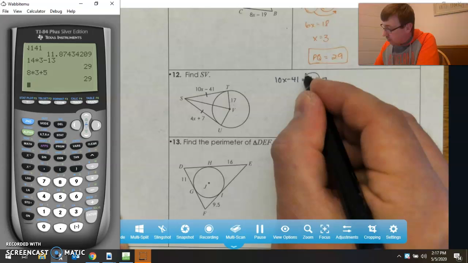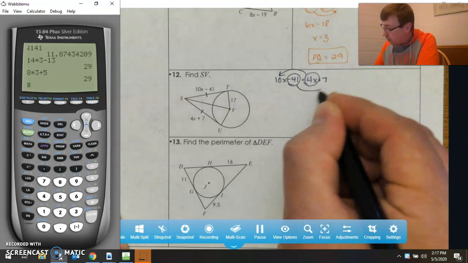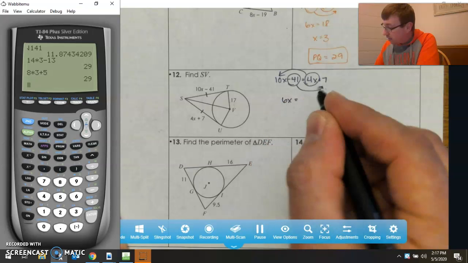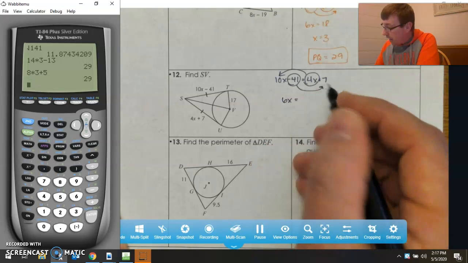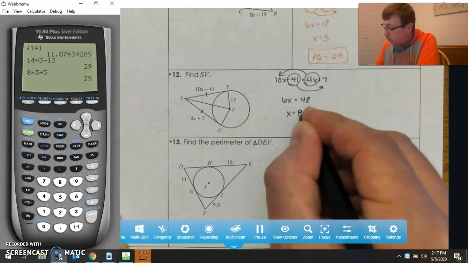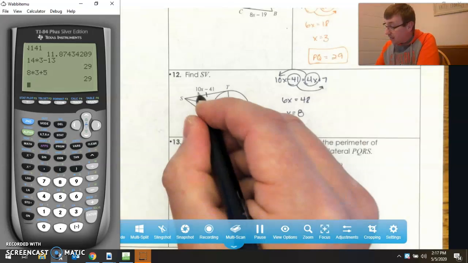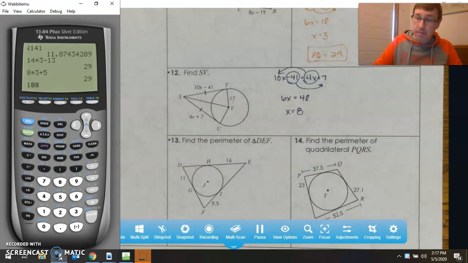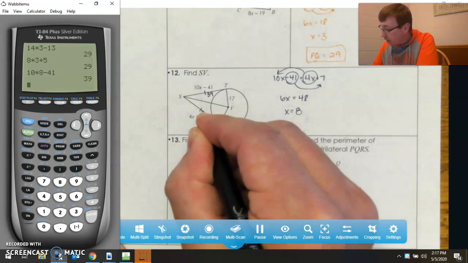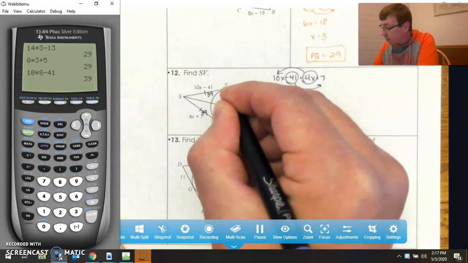I'm going to bring this 4x over here and this 41 over here. 10x minus 4x is 6x. 41, we're going to add it, so 7 plus 41 is 48. X will equal 8. So if x is 8, 10 times 8 minus 41, this length up here is 39, and this is 39. This is also 17.